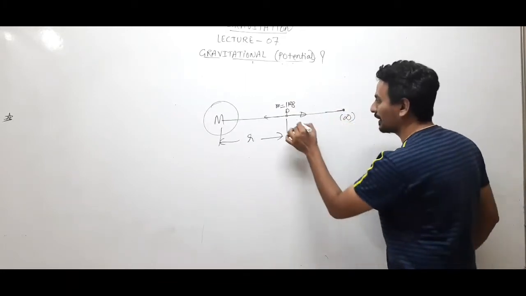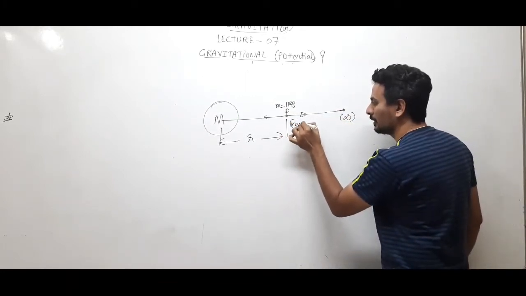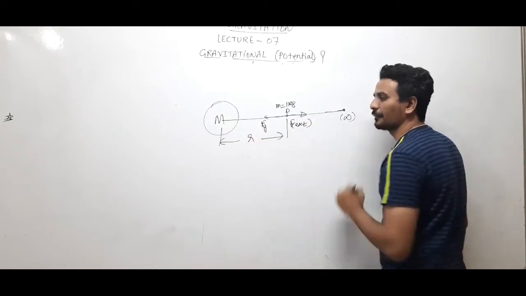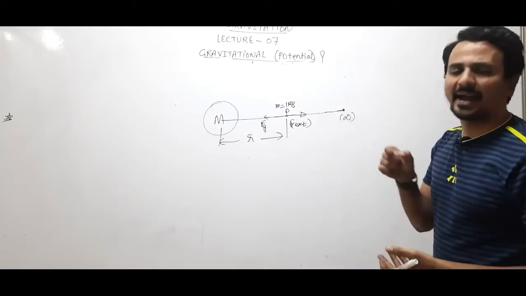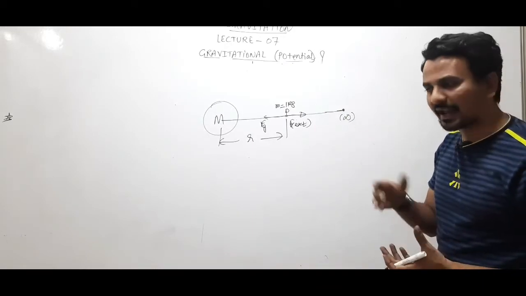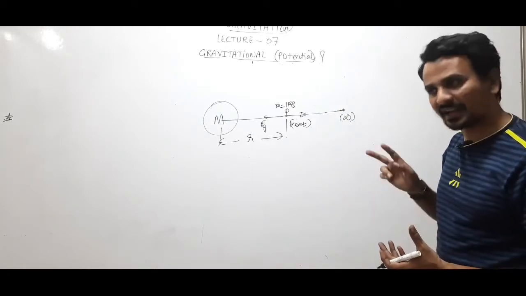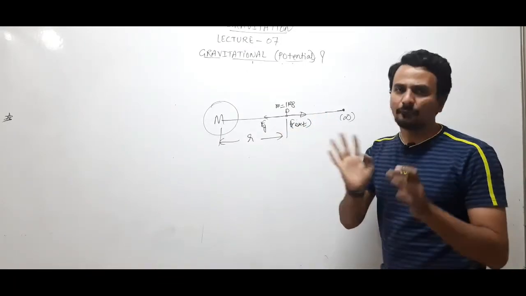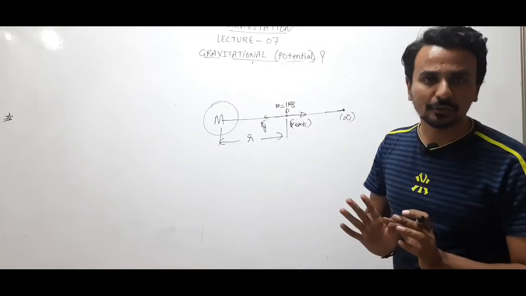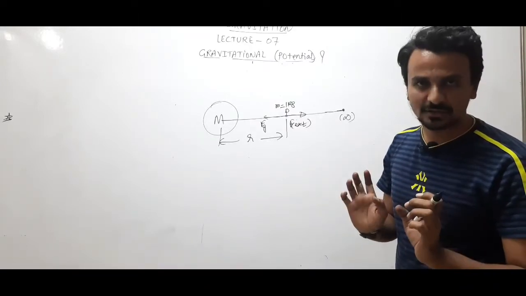So this is my external force and this is my gravitational force. Practically, the external force should be slightly greater than gravitation, but we can neglect these things in physics and say that the gravitational force and the external force will be equal in magnitude. They are just opposite in direction.